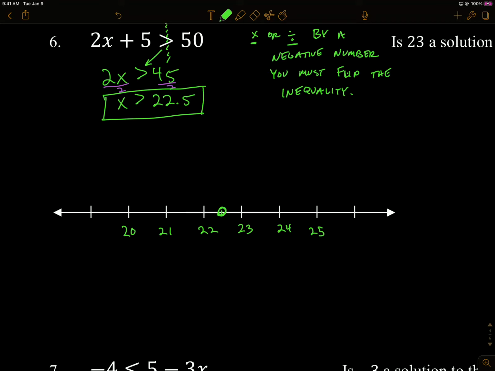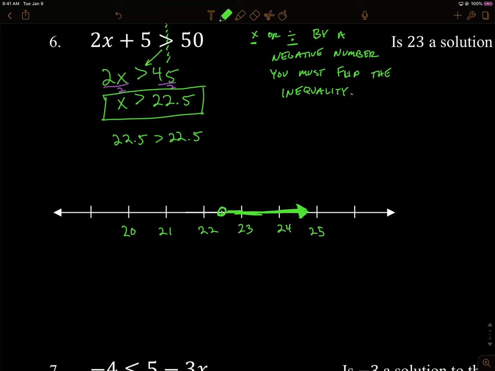If I plug 22.5 into the statement, I get 22.5 is bigger than 22.5. That is false. What I do want to include is all the numbers bigger than 22.5, so I draw an arrow facing this way. All of those values are in my solution set.